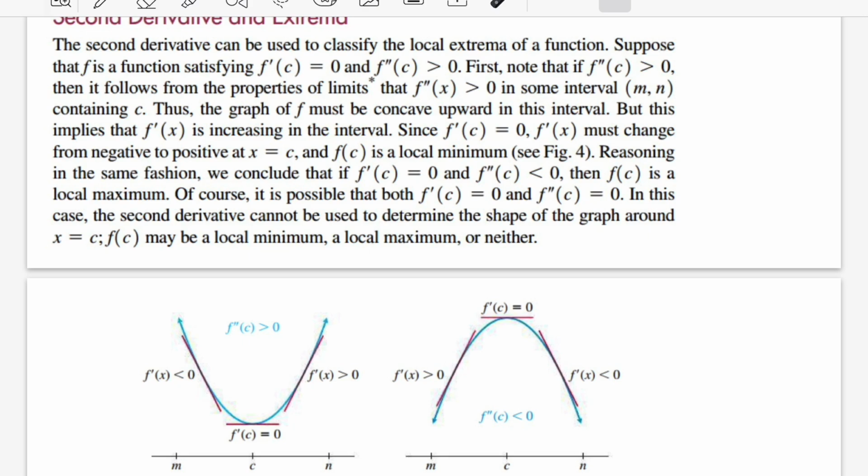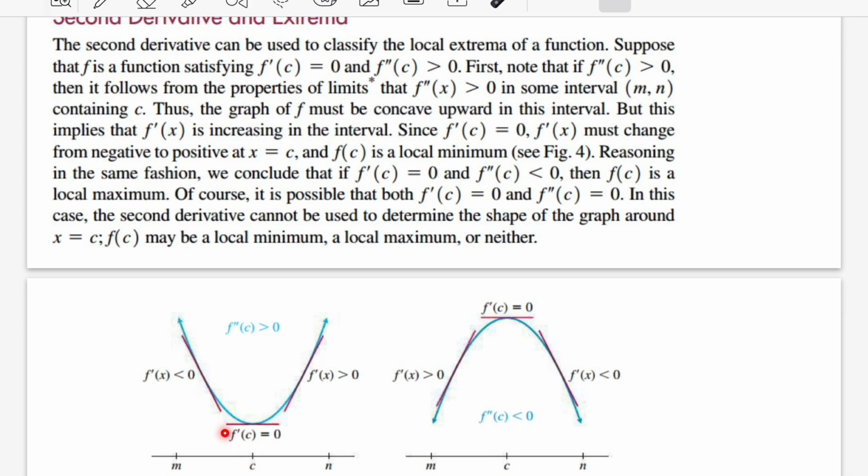And then since our critical number will make our derivative equal to 0, our derivative must change sign from negative to positive at that critical number. Right? And we'll see that that critical number is a local minimum. And so this is a sketch of that procedure here. So this is what happens when our second derivative is greater than 0. Okay?